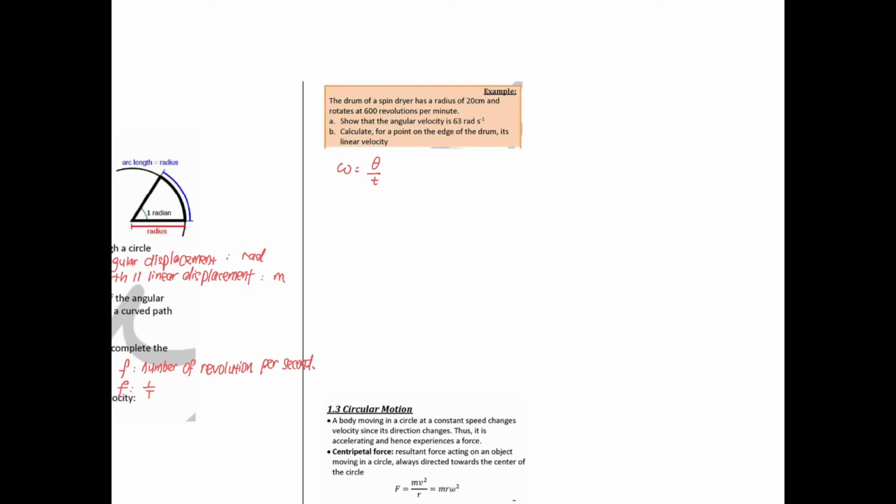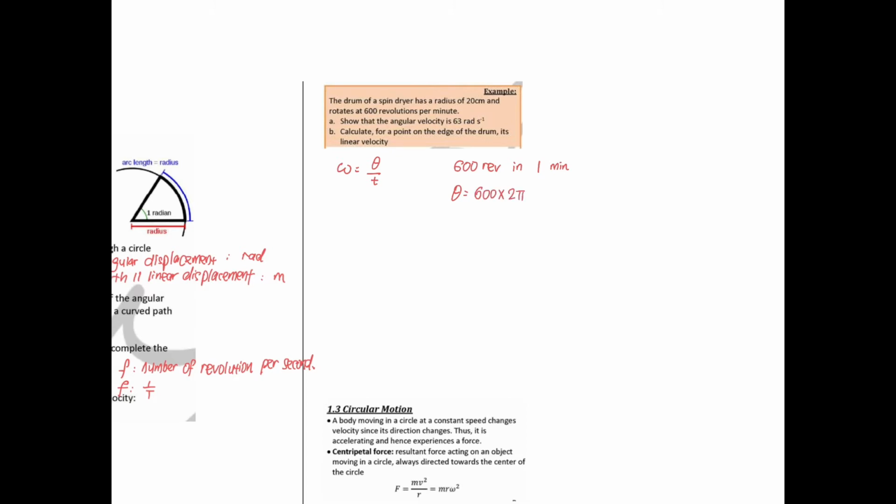So the information is given here. They give 600 revolutions in 1 minute. This is the information given. So what is the theta here? When they make 1 round, the angle is 2 pi. So when they make 600 rounds, the theta is 600 times 2 pi.